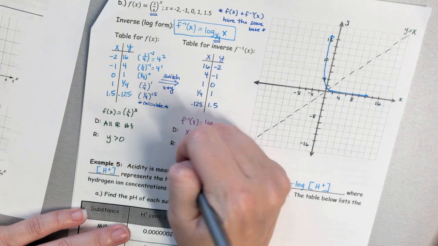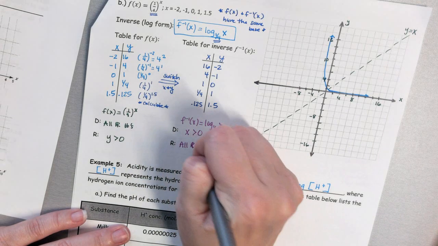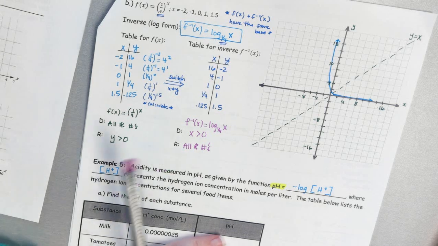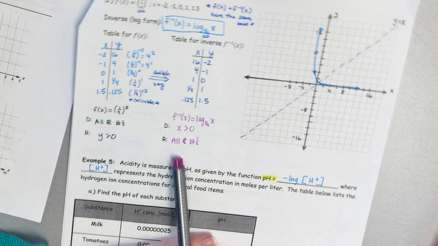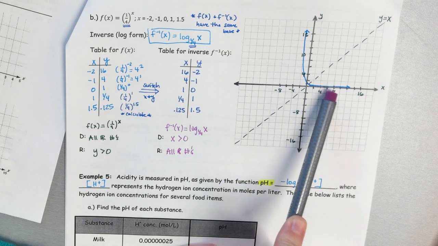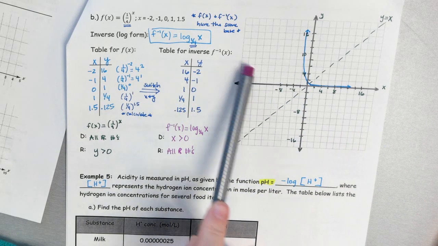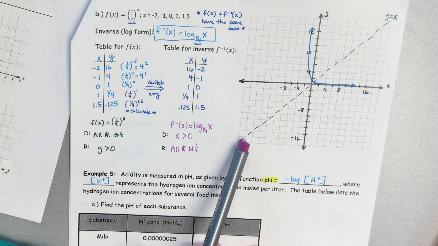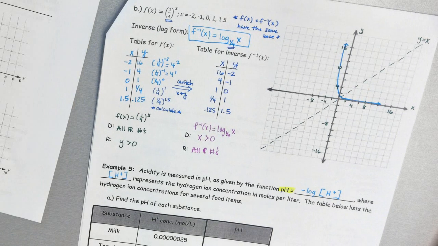And if your domain was all real numbers, your range is all real numbers. We also talked about this yesterday. If the x and y are always switching, and with an exponential function it's getting closer and closer to the x-axis, what are we going to see with the inverse? What's that going to get closer and closer to? The y-axis.